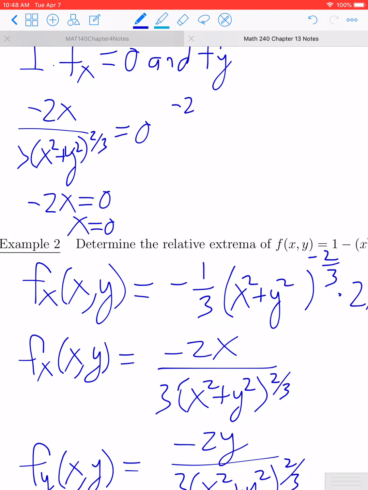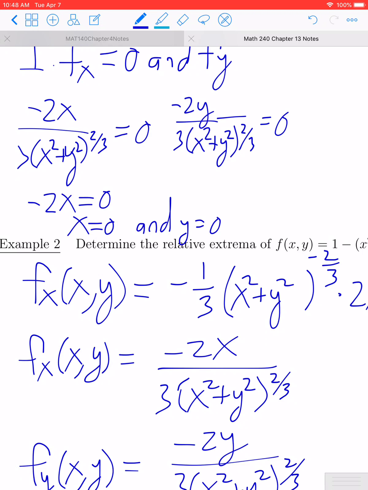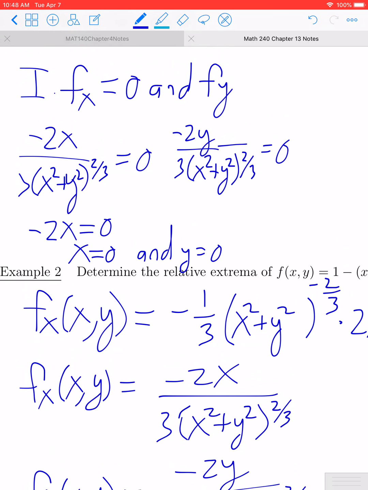If we set the partial of f with respect to y equal to 0, you would work through the same type of algebra, and we would find that y would also have to be equal to 0. So both partials are 0 when x is 0 and y is also 0, which gives us one critical point, the ordered pair 0, 0.